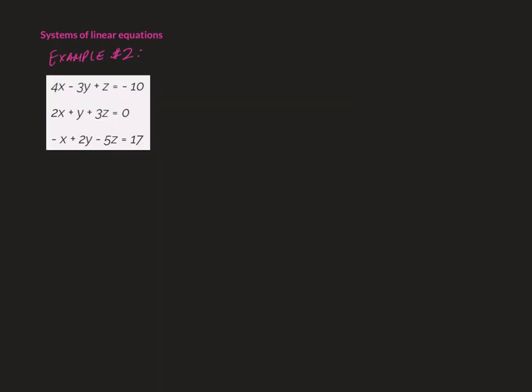Let's do a second example, and this time we're going to solve this one by substitution. In substitution, similar to what we did before, you want to give a name to each of the equations. So I'm labeling them from numbers 1 to 3. And what you will want to do is identify one variable as well, and be able to substitute that variable into the other 2 equations.